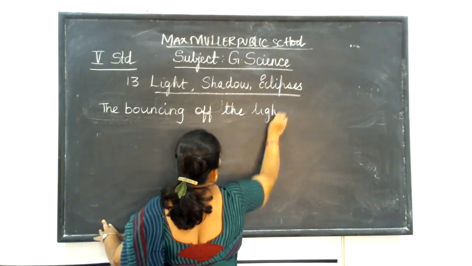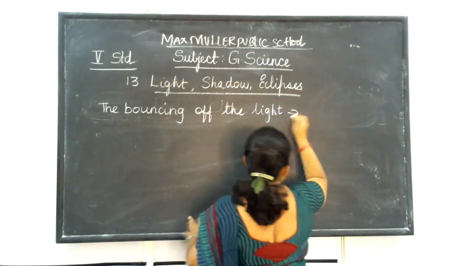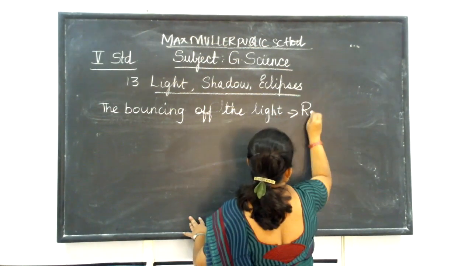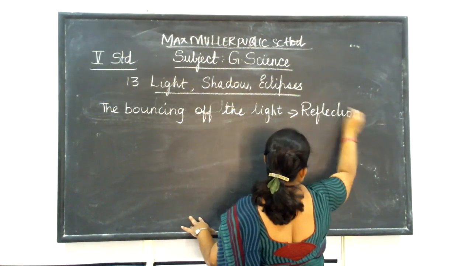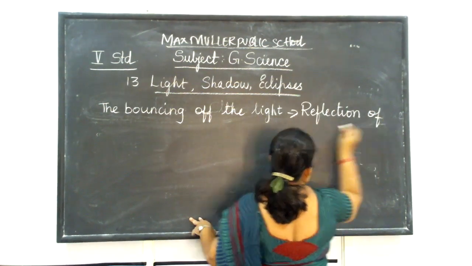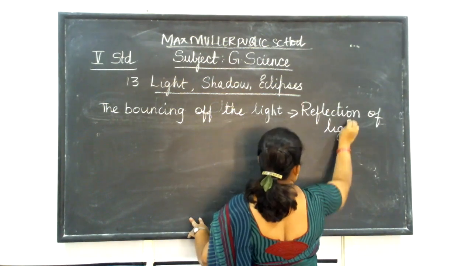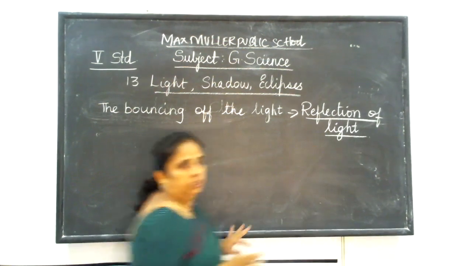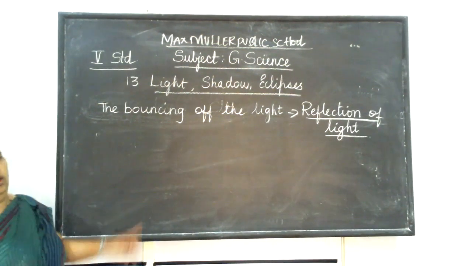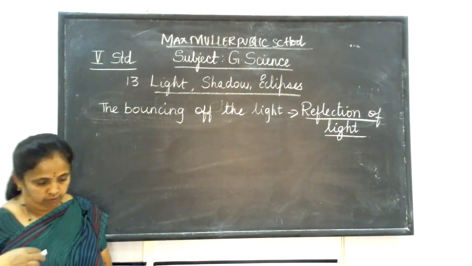That bouncing of the light is called reflection of light. What do you call it? Reflection of light. Because of reflection of light only we are able to see the objects around us.